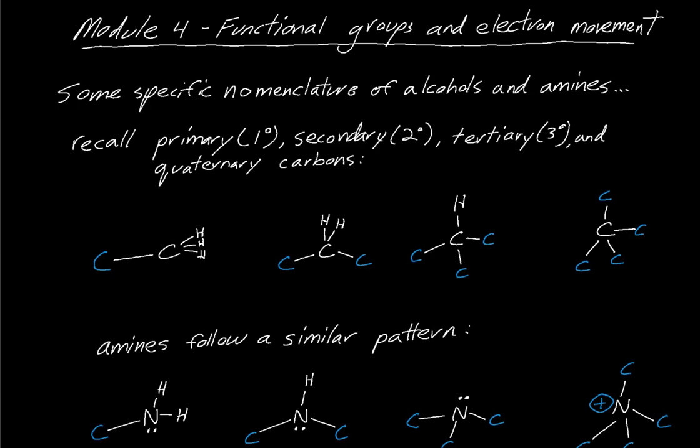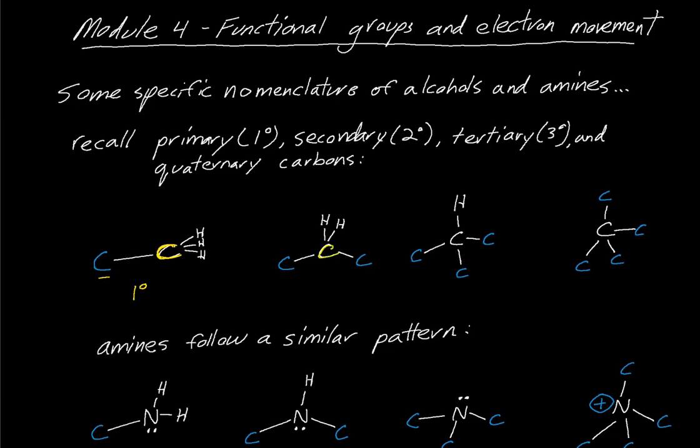If you remember with carbons, for example, this carbon right here is a primary carbon, and we show it like that because it's attached to only one other carbon. So primary, secondary, tertiary for carbons is defined based on how many carbons that carbon is attached to.